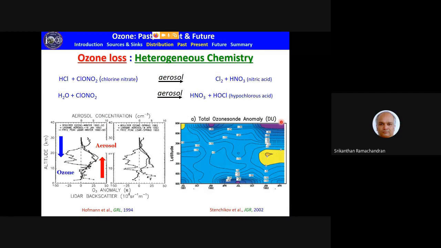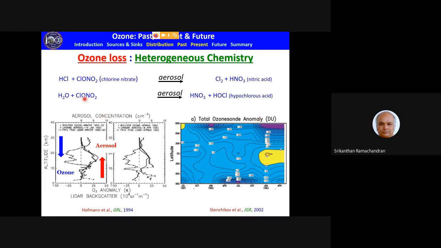So is it only the chlorofluorocarbons that are contributing to it? When the ozone depletion reactions take place, they take place on surfaces through heterogeneous chemistry. The heterogeneous chemical reactions occur on the particle surfaces that are present in the stratosphere, which essentially form the polar stratospheric clouds.